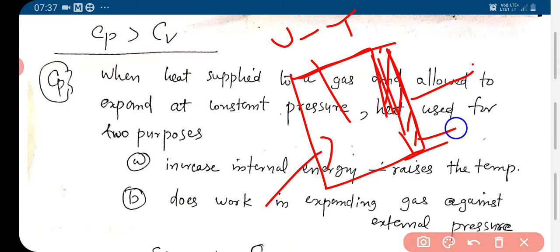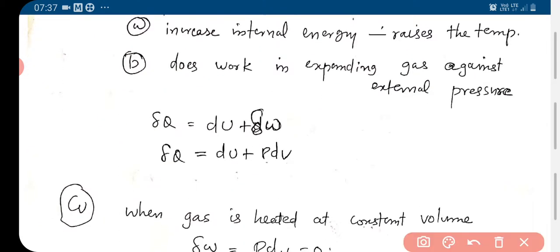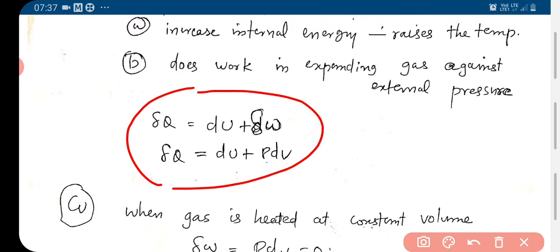And as the piston moves, the gas does work, because the gas has to be at a constant pressure. To maintain the constant pressure, the piston has to move, so it does work against the external pressure. So we have delta Q, the heat supplied, for increasing internal energy and for doing work, PdV.